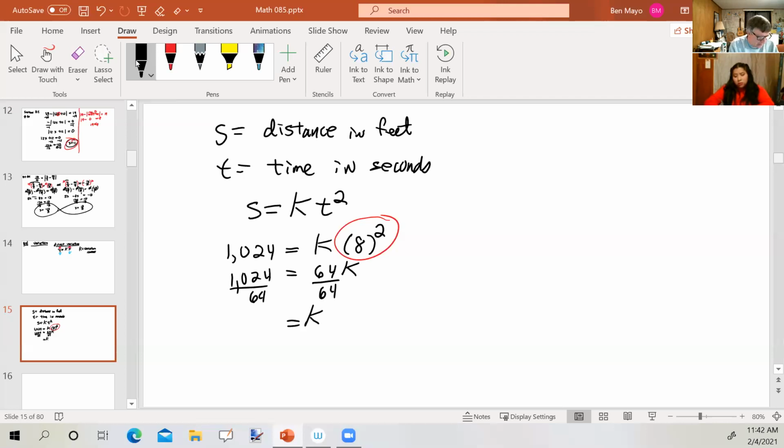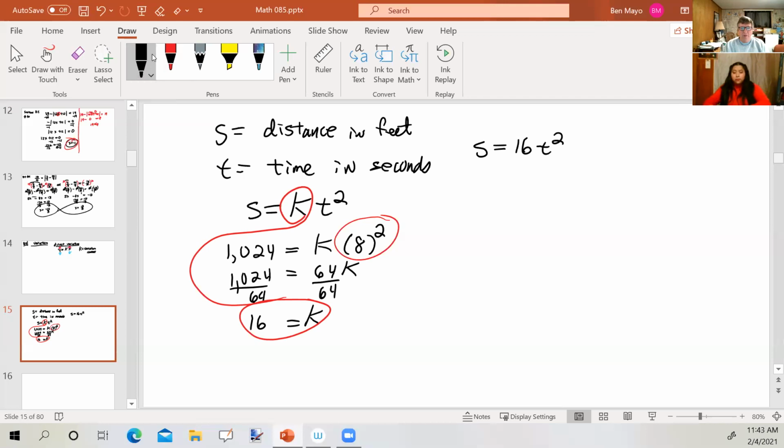I'll go to my handy dandy calculator. 1,024 divided by 64, K equals 16. So now I'm going to plug that in right there. Now my equation becomes S equals 16T squared.